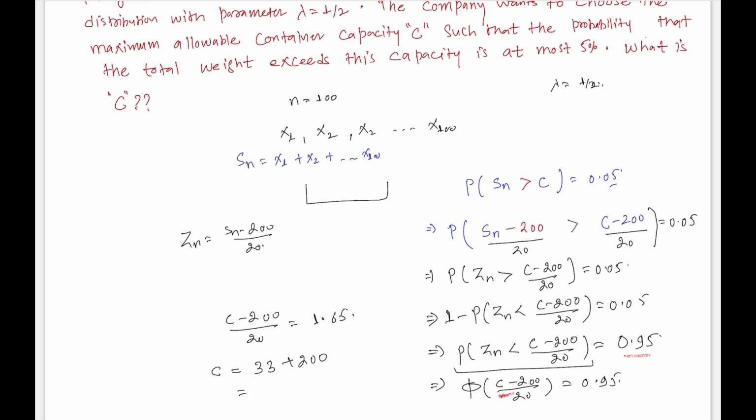So overall, the maximum capacity that is allowable in the container, with the probability that it is exceeded being 0.05, is 233.